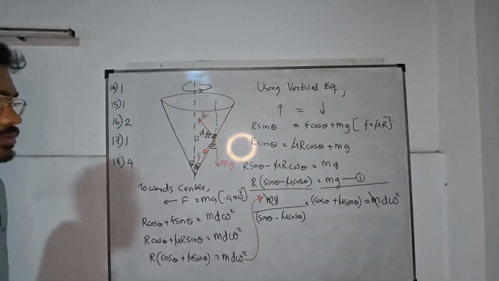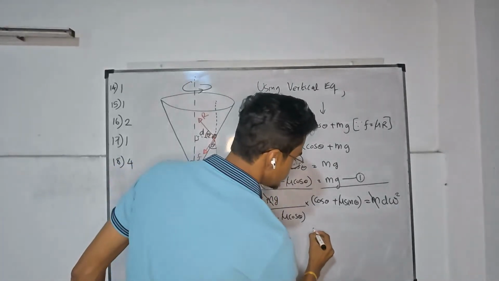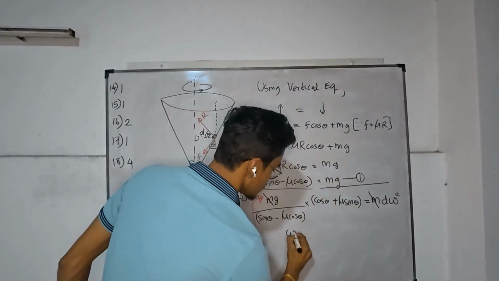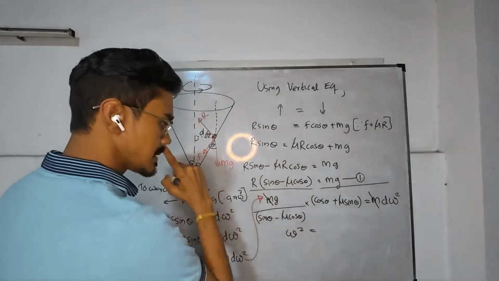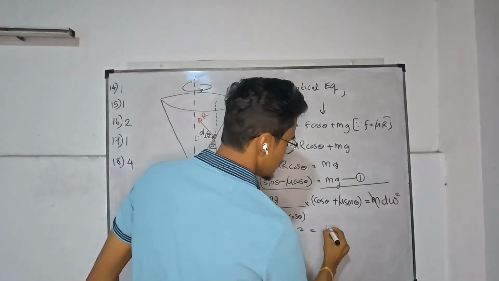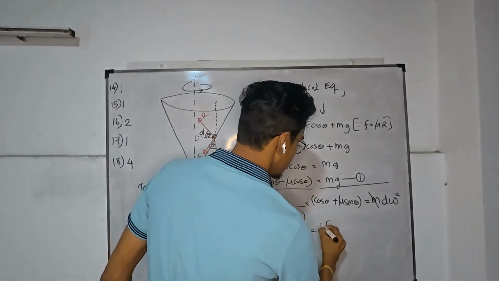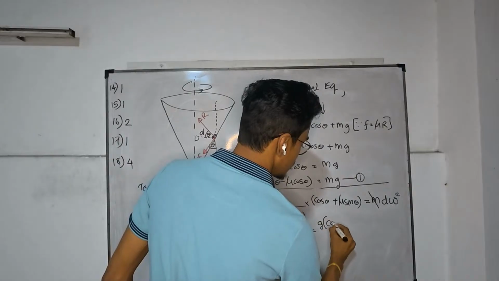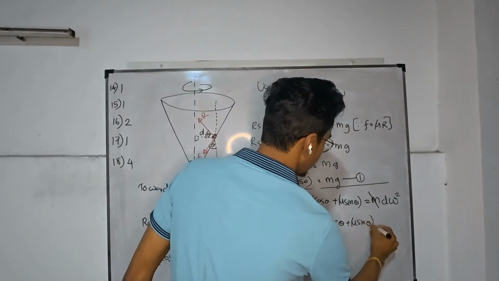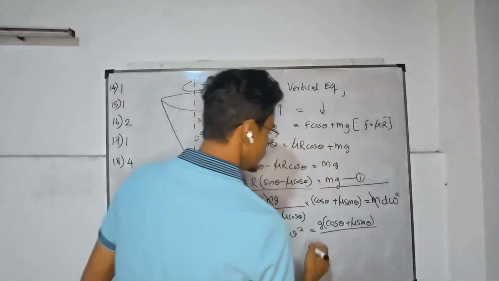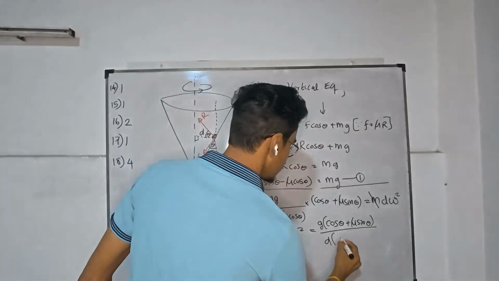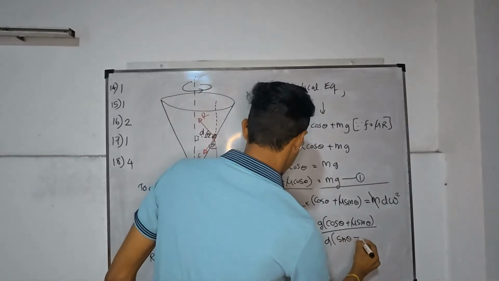Right? A good question. Make omega squared the subject. Cross multiplication. Omega squared equals, we can cross multiply this, d to the other side. Then here g times (cos theta plus mu sin theta) over d times (sin theta minus mu cos theta).